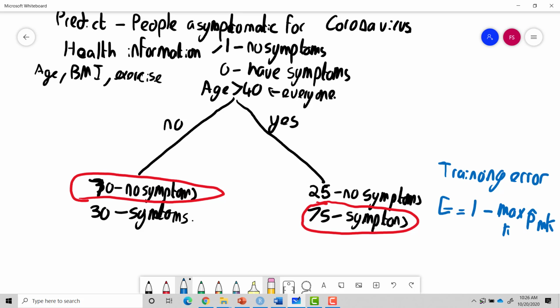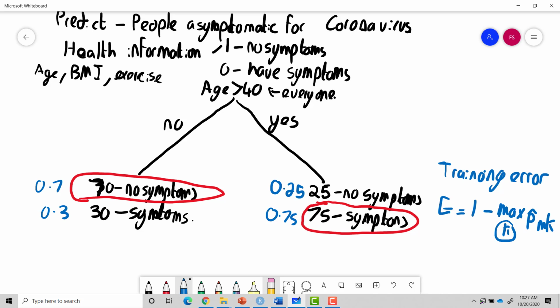This is the probability of the two different classes, the no symptoms and the symptoms. Basically we're looking for the maximum fitted probability. Here the probability is 0.75, and here it's 0.25. In this one, we have 0.7, and here we have 0.3.